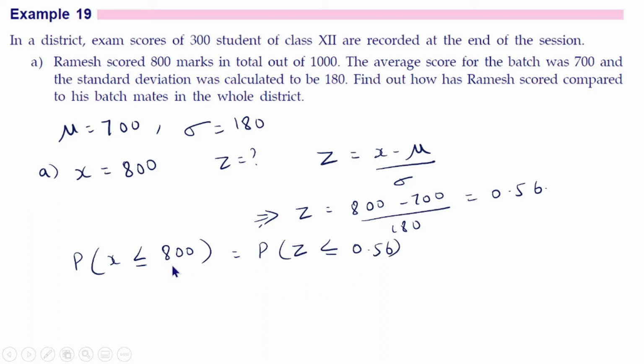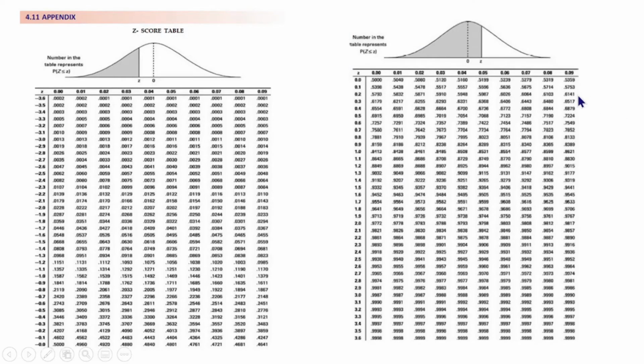So we just now calculated for the data point 800, the z-score is 0.56. Now there is a probability distribution table, the standard normal distribution table, to find this probability. So this is the z-score table and the number in the table represents probability of z less than or equal to small z.